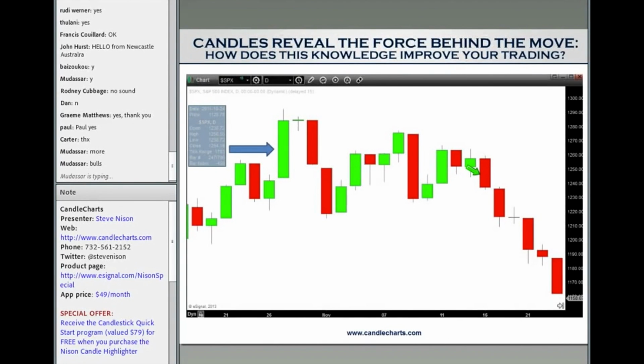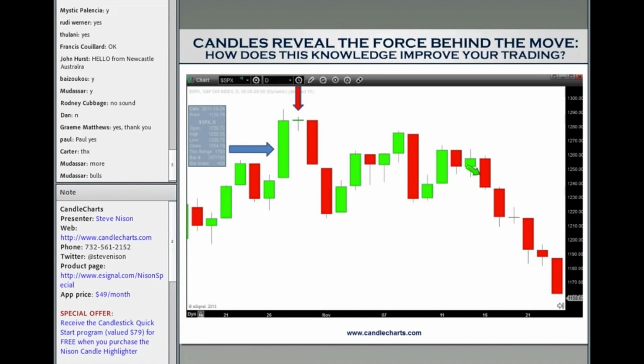Here we have a tall green candle. The bulls are in charge. Now, notice something interesting. On the next session, the close over here is the same as the close over here, but on this red arrow session, that doji session, there's an equilibrium of forces between the bulls and the bears.